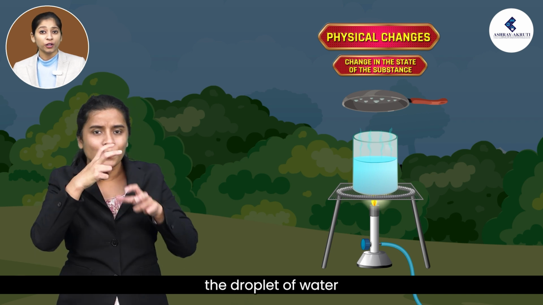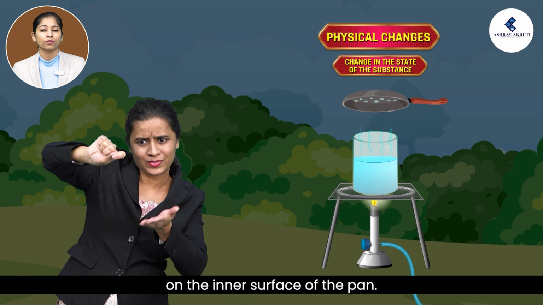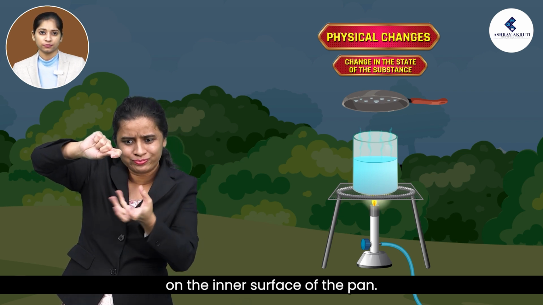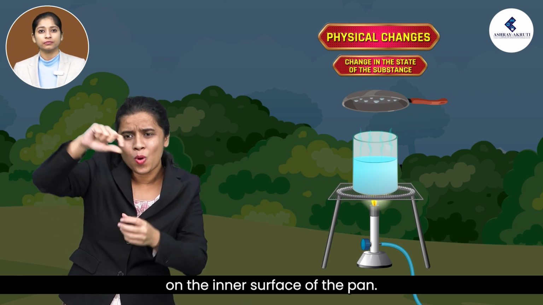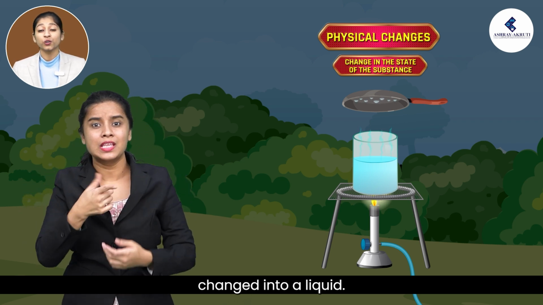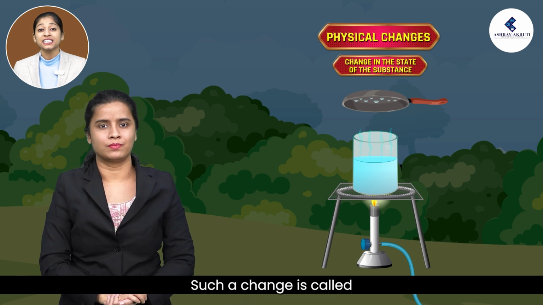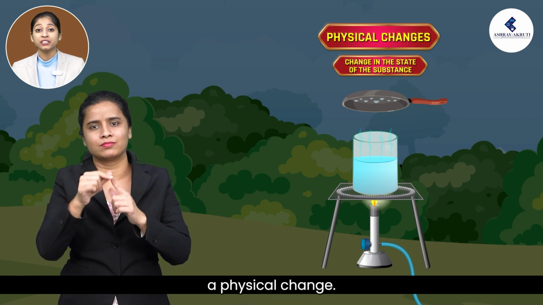We observe the droplets of water on the inner surface of the pan. Here the gases have changed into a liquid. Such a change is called a physical change.